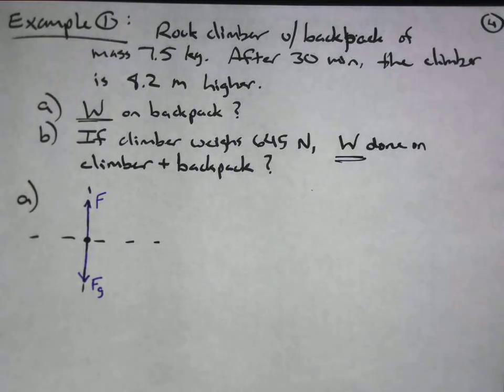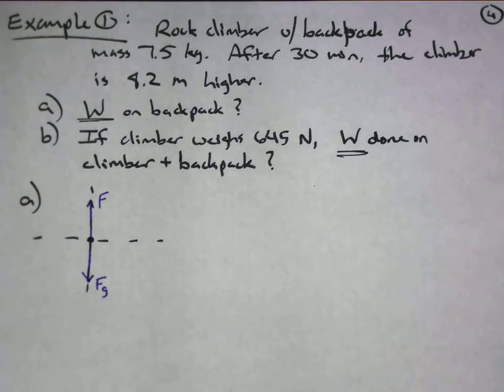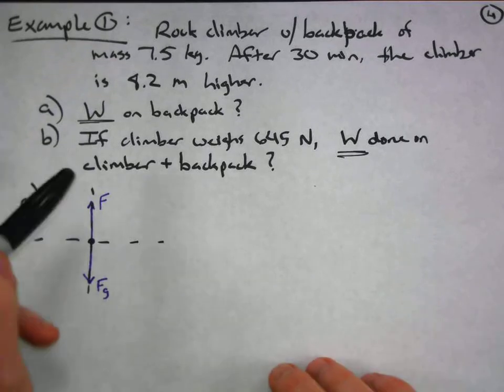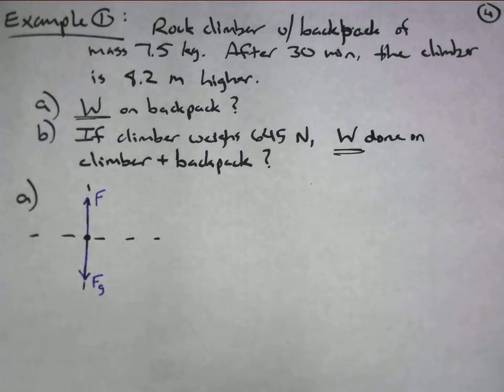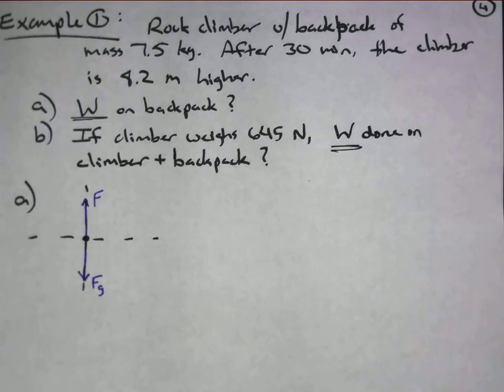The thing about this is, really the backpack is not accelerating anywhere, so I can reasonably say that the forces are equal. Forces are balanced, so it's in equilibrium, no acceleration. But what we're trying to figure out is the work that the climber does on the backpack. Work on the backpack, I really should specify.